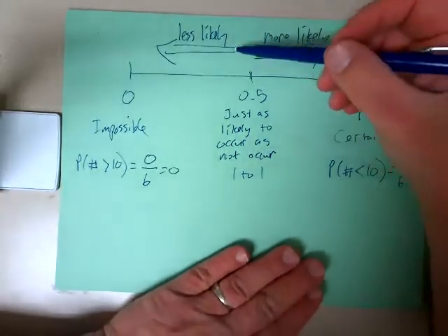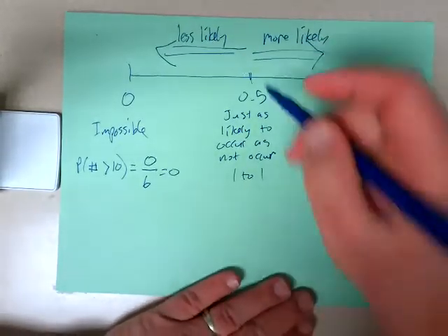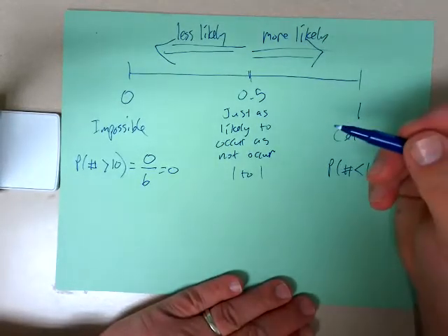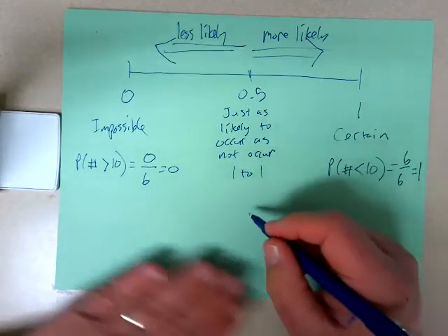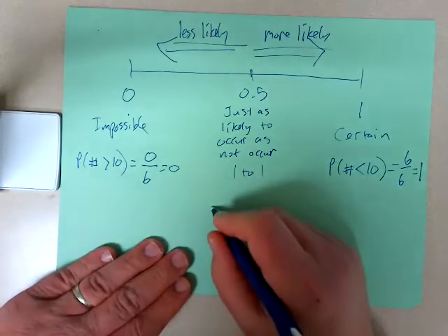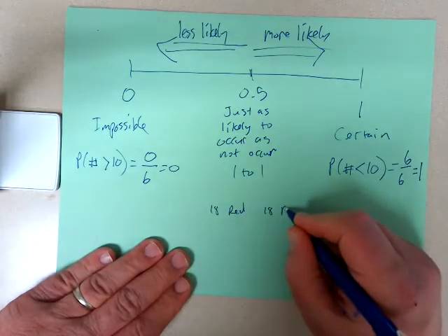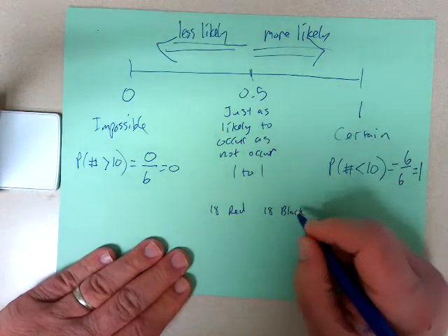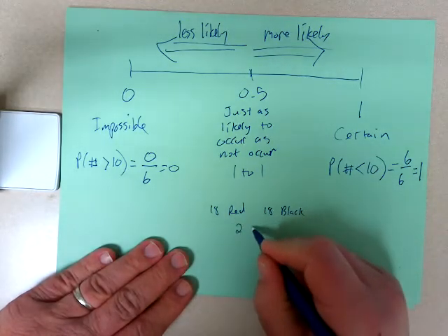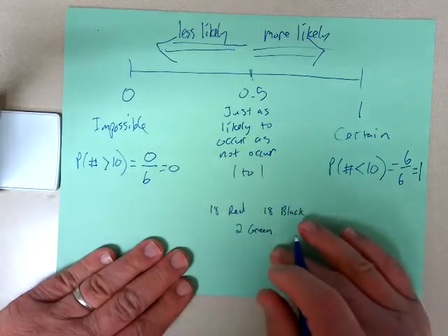Now there is one thing in the casino that's pretty close to 0.5, and that is red or black on the roulette wheel. If you bet red or black, there are 18 red numbers and 18 black numbers. But just so that it's not 50-50, there are also 2 green numbers, 0 and 00.